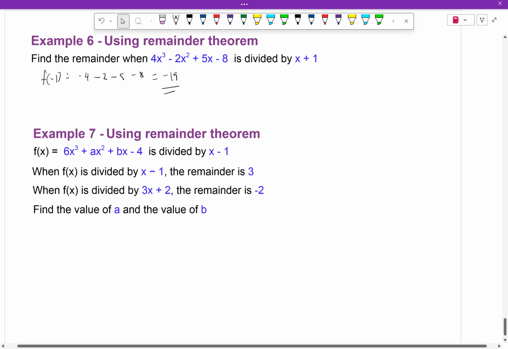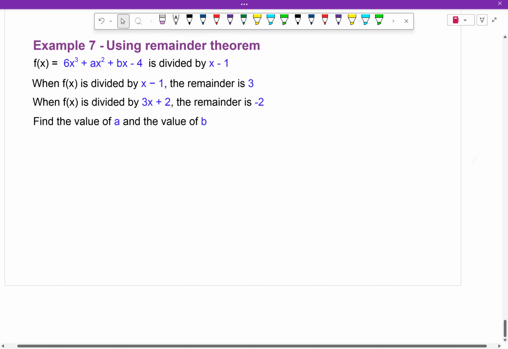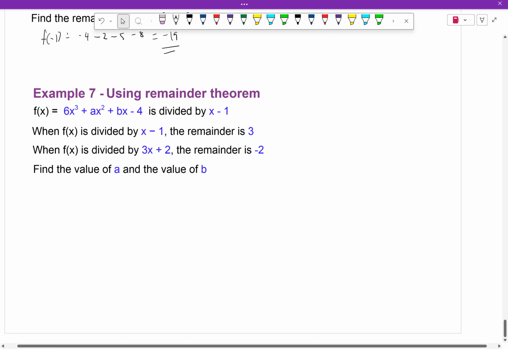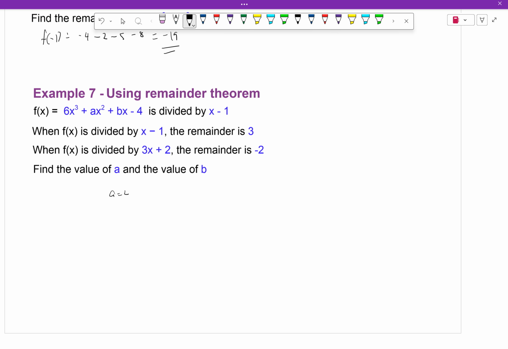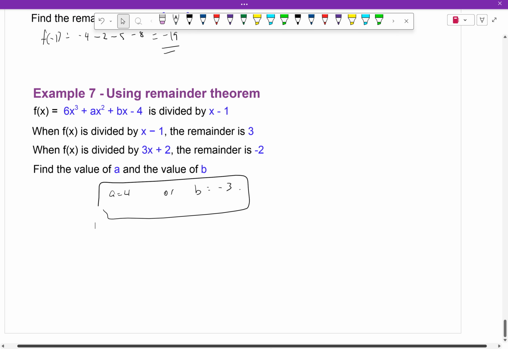So again, it's up to you which method you want to do, but I'll leave it to you. Okay, but the final answer we should get is a equals to 4. That's it for this part of the lecture.